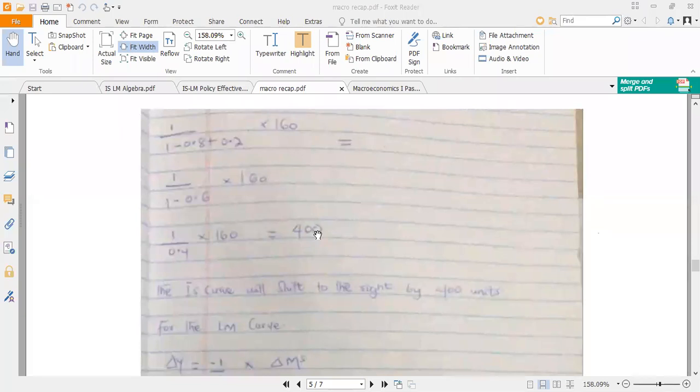In case there was a change in tax, remember the k for taxes is minus b over 1 minus b if it's the simple one, but for this case it would have been this. So you do this times the change in tax.